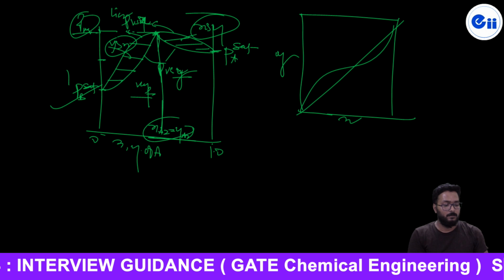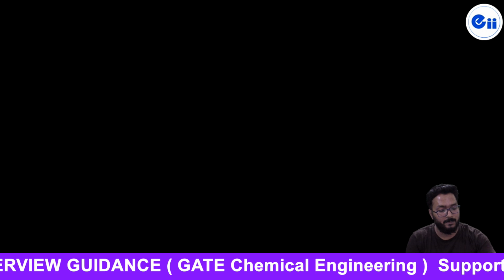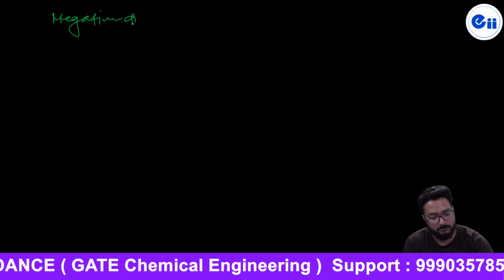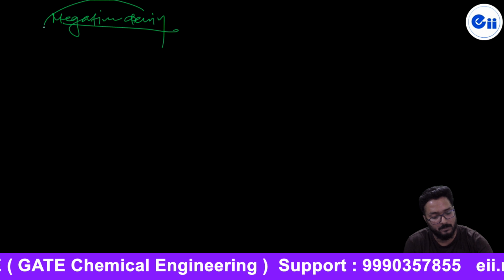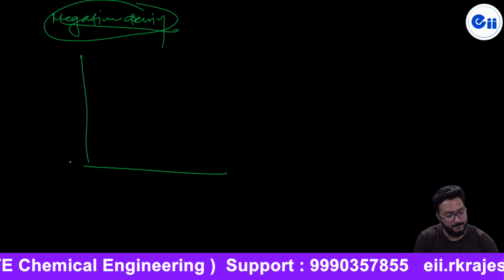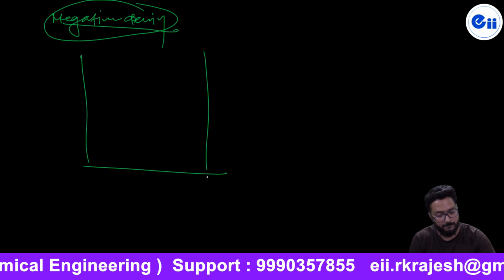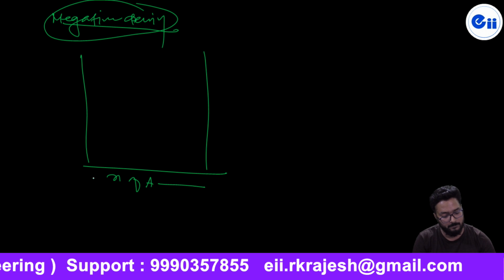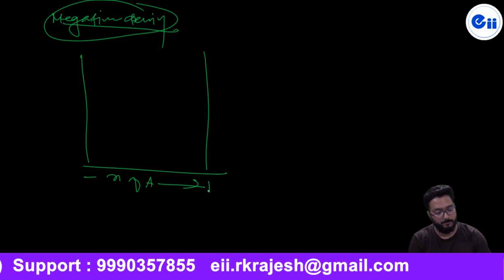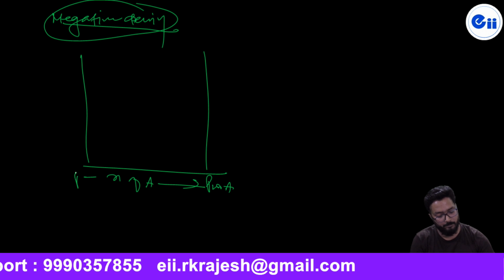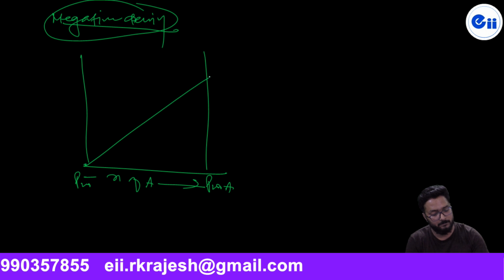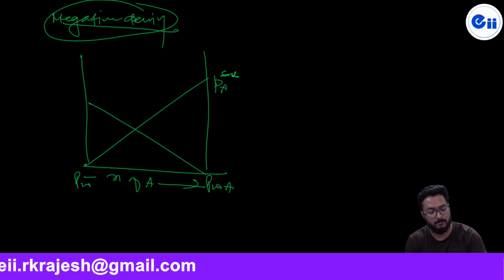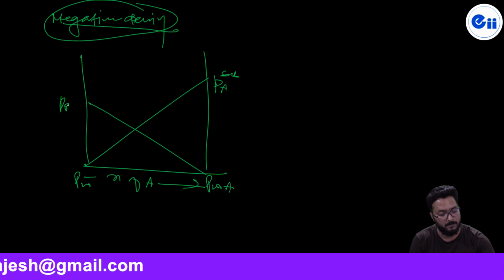Now, the next thing I am going to show you is similarly the negative deviation. The same concept is there. First, I am going to draw the linear plot here, x of A, pure A, pure B. We have already seen this curve. This is your PA sat and your PB sat.